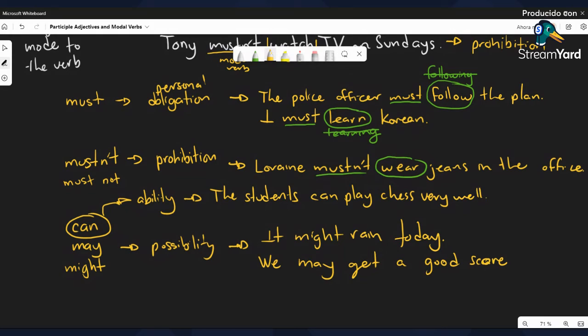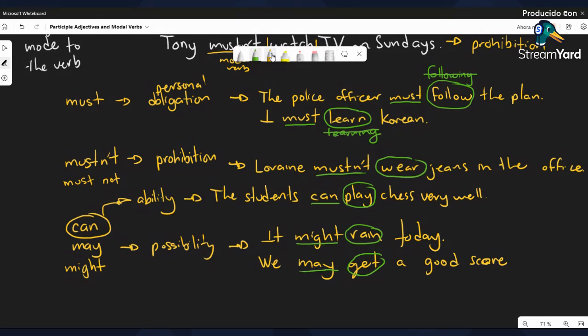You see, I'm talking about an ability here, and I'm not talking about a possibility. It's actually a fact that they can play very well. You see, I'm using the modal verb and the main verb. So that's how we can use the modal verb can.